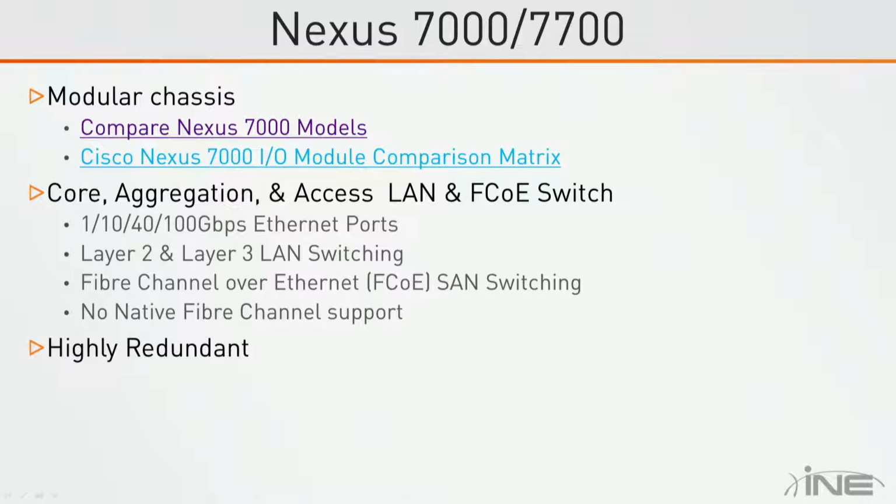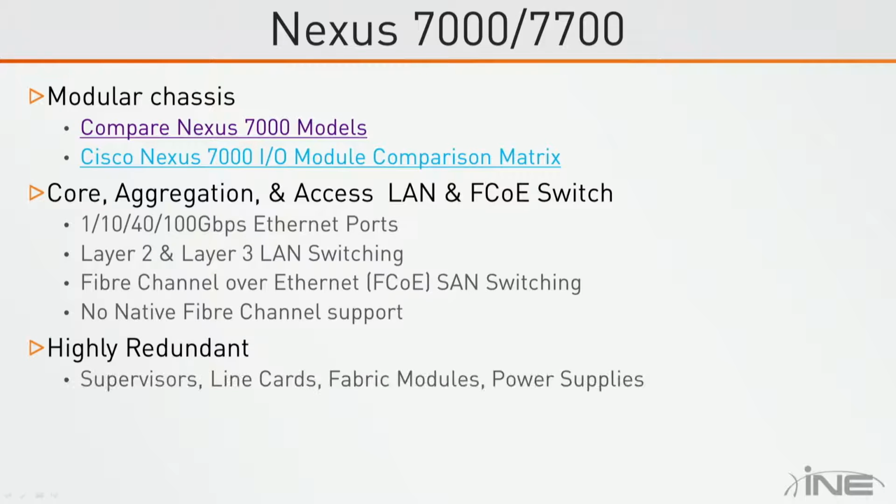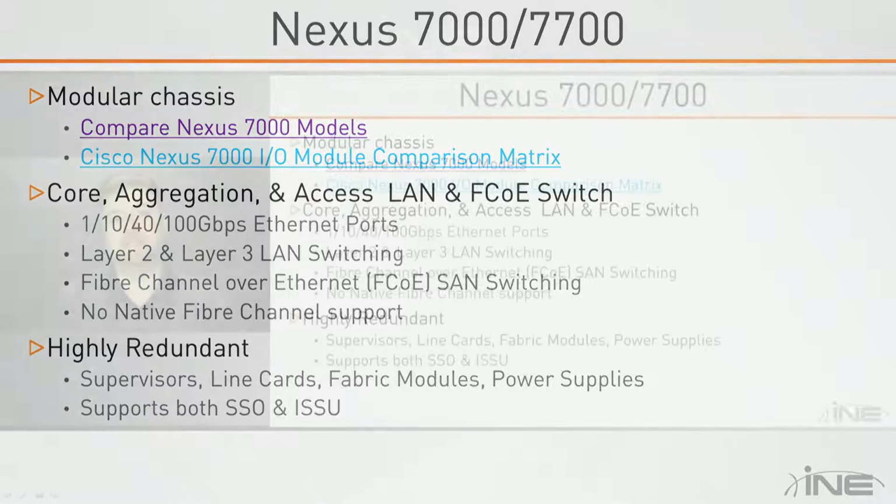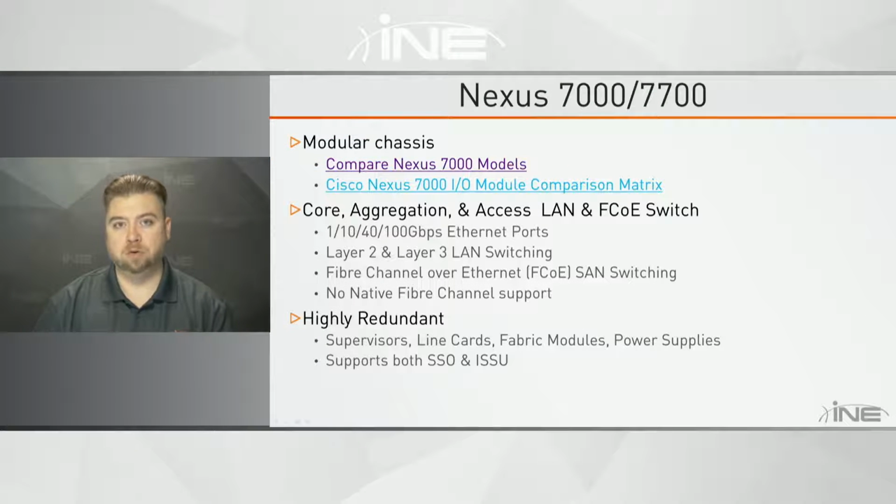But like the Nexus 9500, Nexus 7K is going to be a redundant platform, so it supports redundant supervisors, the CPUs, redundant line cards, redundant fabric modules, power supplies, which means that it does support stateful switchover and in-service software upgrades. Okay, these we'll talk about in more detail once we start to get into the specific implementations, but it basically means that if you have a failure of one of the CPUs, it can use the secondary CPU or the backup or the standby supervisor as opposed to just dropping traffic and then not being able to reach whatever resources it has behind it.